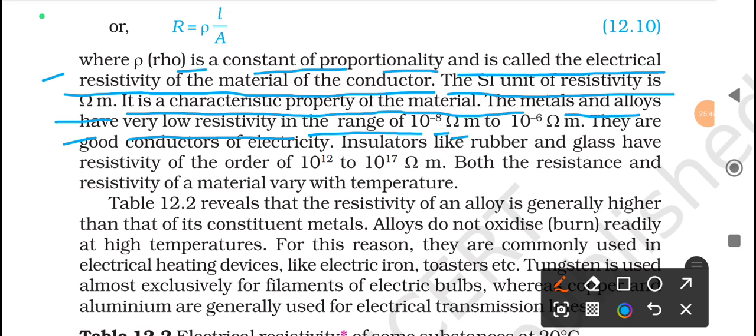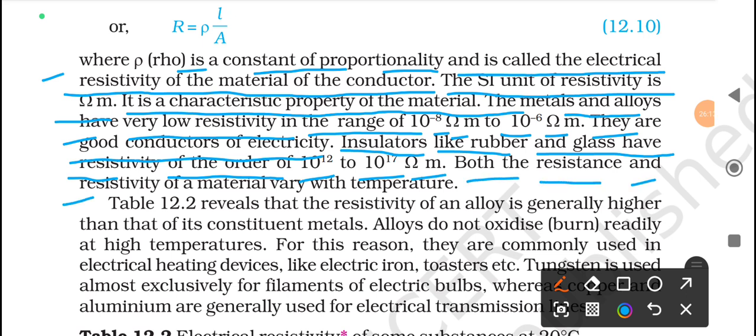The metals and alloys have very low resistivity, in the range of 10 to the power minus 8 ohm meter to 10 to the power minus 6 ohm meter. They are good conductors of electricity. Insulators like rubber and glass have resistivity of the order of 10 to the power 12 to 10 to the power 17 ohm meter.